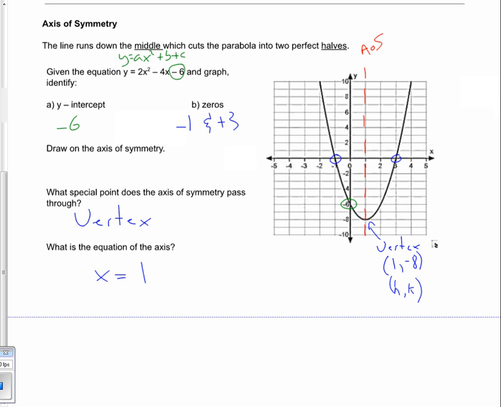We can generalize to say that the equation of the axis of symmetry is always when x is equal to whatever that h value is. And so when we have the equation of a quadratic relationship in vertex form, we can always figure out what the axis of symmetry is going to be.